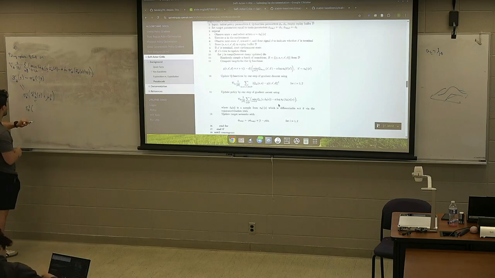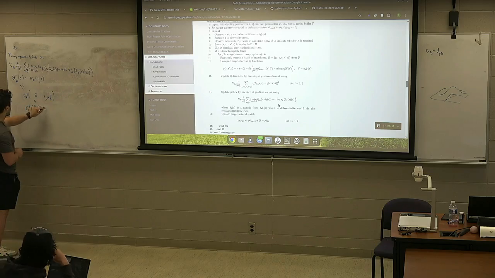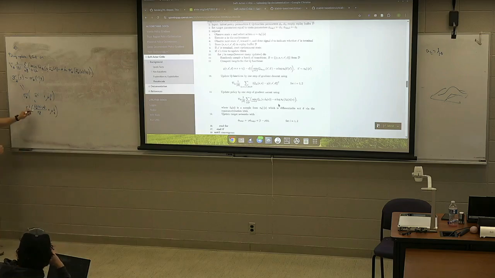This is equal to that, but then you want to put it in standard normal, so you do this. And then when you differentiate, you pretend this is a constant.